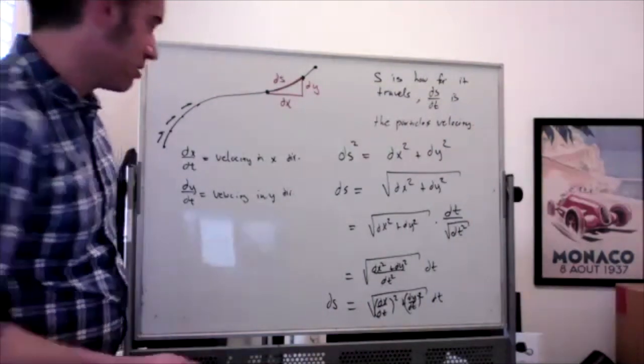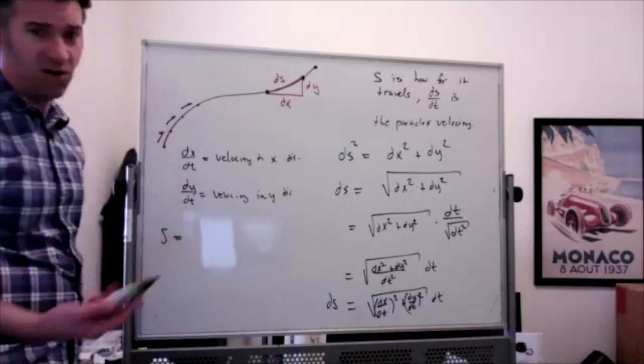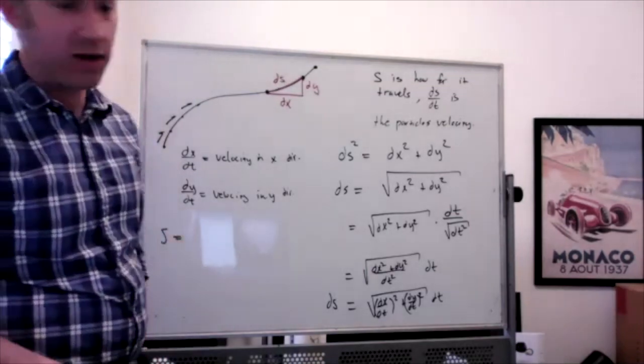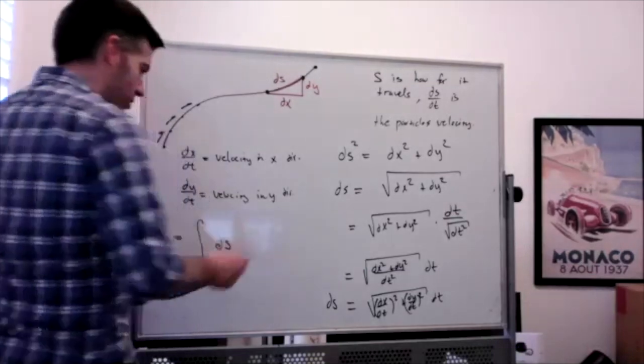And then if I want to find the total arc length, which I often call s, though I think most books usually call it L, we're just going to integrate all this.